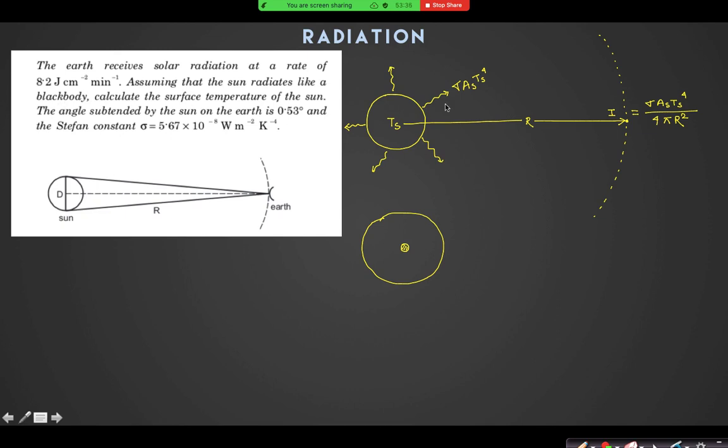Now how do I find the surface area of the Sun? Surface area of the Sun is equal to pi d square by 4, where d is the diameter of the Sun. Yes or no? And if I know this angle theta in radian, can I say that d is equal to R theta, because theta is so small?